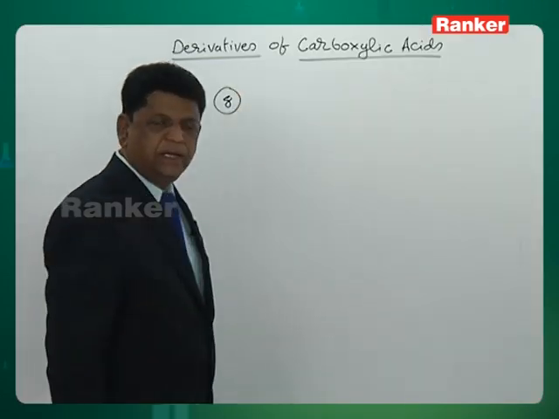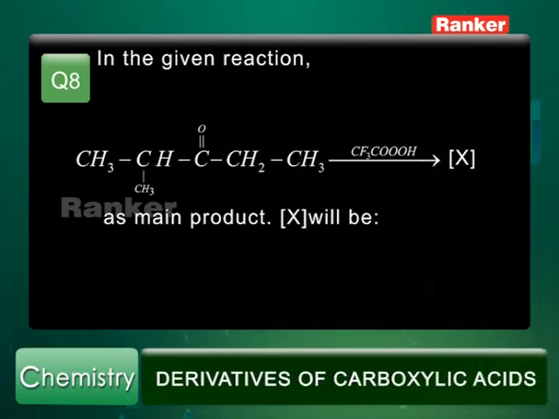Question number 8. In the given reaction, a ketone containing an isopropyl group on one side and an ethyl group on the other is treated with trifluoroperoxyacetic acid. The compound X is formed as the main product, and he is asking what X is.